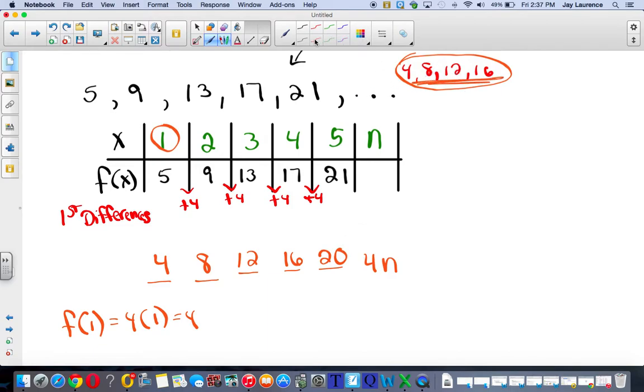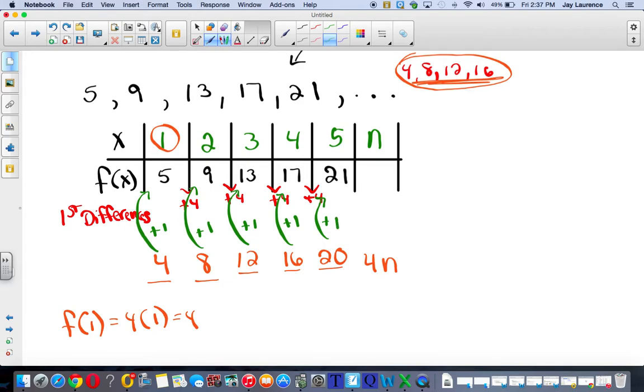There's a small problem. Do you notice it doesn't match? Yeah, it doesn't match. 4 is 1 less than 5, so I have to add 1 to 4 to get it to 5, don't I? 8 is 1 less than 9, so I have to add 1. 12 is 1 less than 13. I'm going to add 1 to 16 to get 17. They're all 1 less.